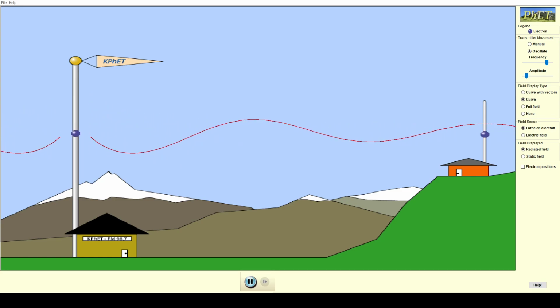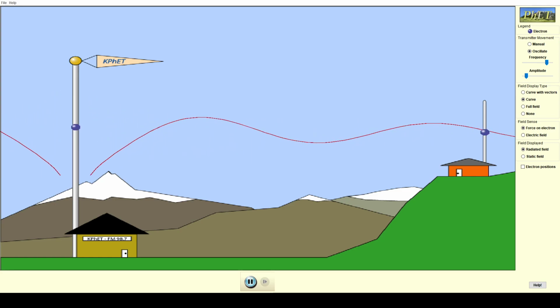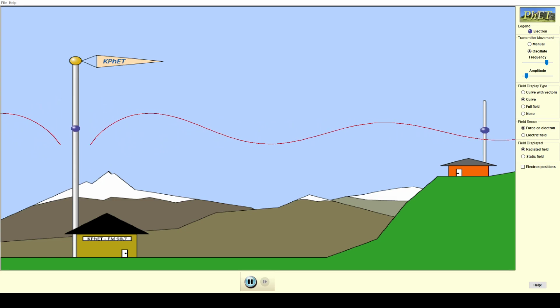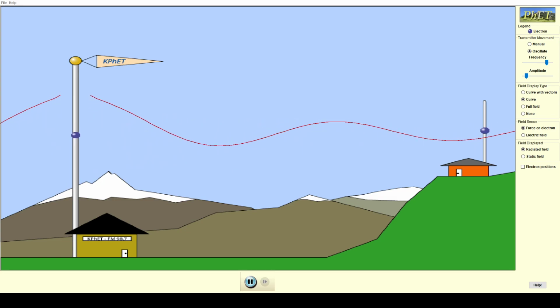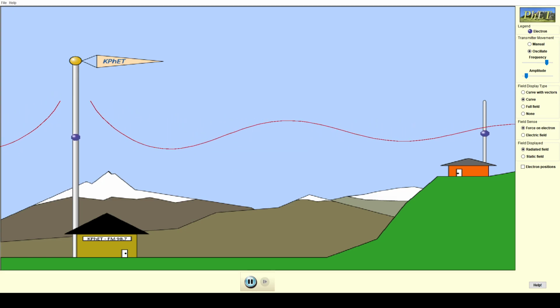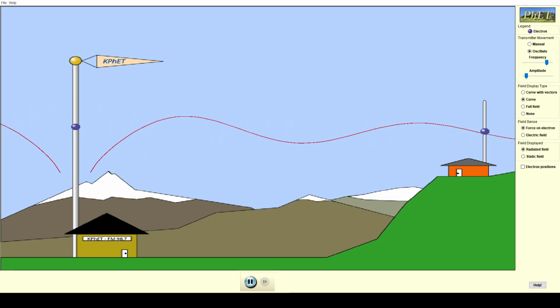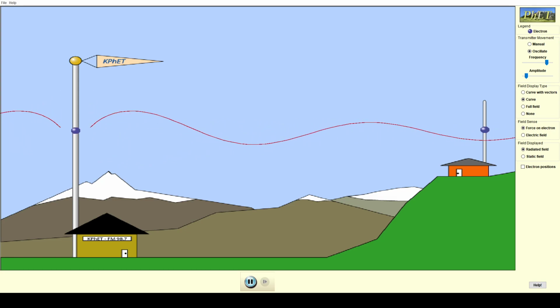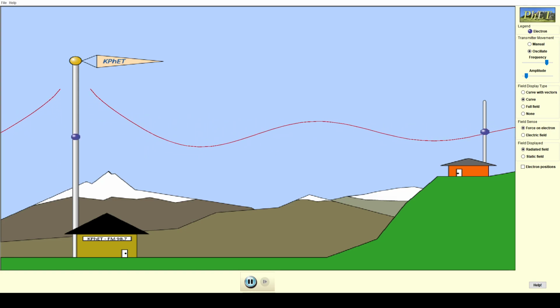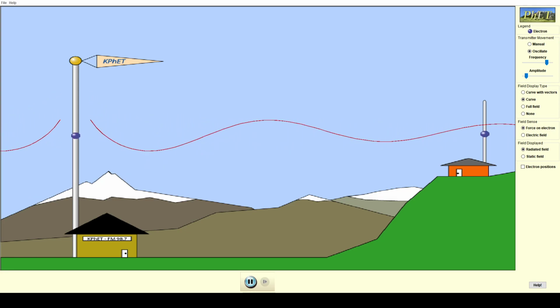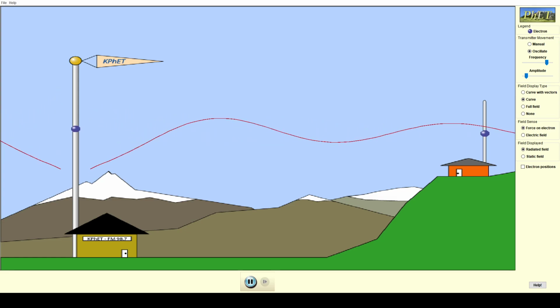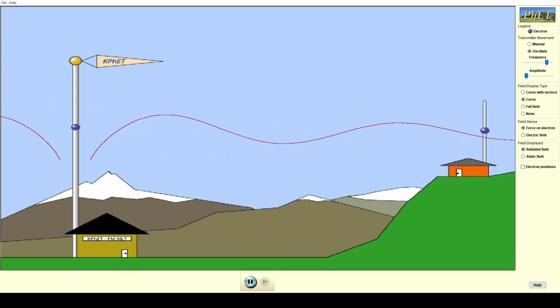And as you can see, what's happening here is you have an electron that is being vibrated in the broadcaster's antenna, that is creating an electromagnetic wave which is traveling through the air to the antenna at the house, which is vibrating in sympathetic resonance, or just vibrating because of the energy coming through the antenna.